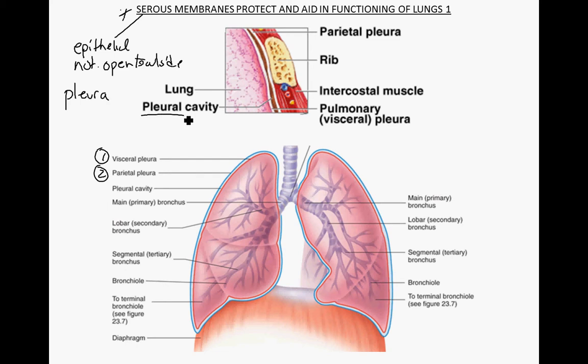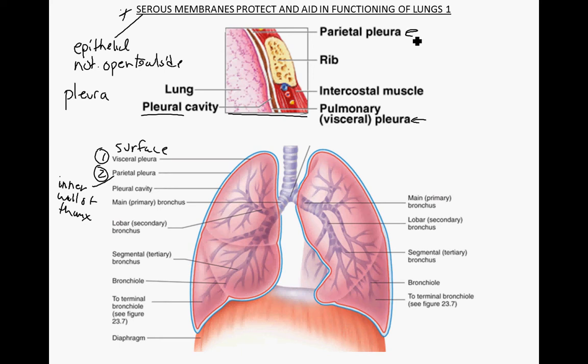So the visceral pleura is on the surface of the lung tissue itself, and then the parietal pleura is along the inner wall of the thorax or the rib cage. Now between them, if you zoom in and look at this right here, here is the visceral pleura. This is the one that's on the surface.